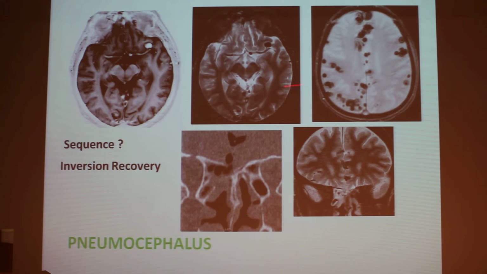So be very careful with the images. Images do not exist without a story, and always ask the patient what happened. And it's real. The MRI was performed first, and afterwards we learned there was a trauma a few days before. The patient just suffered from nothing.